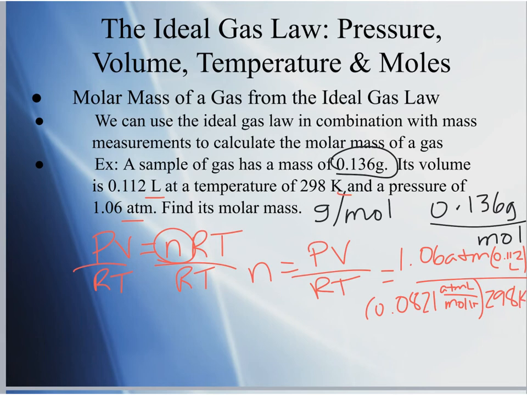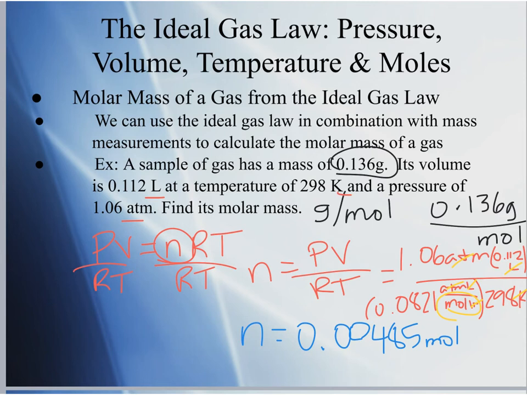So liters, atmosphere, Kelvin cancel. We're going to end up with moles, and when we do the actual math with the numbers, we get 0.00485. Okay, so that's the number of moles in this gas sample.